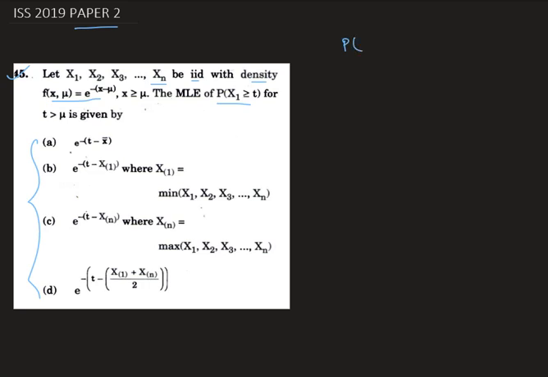So first we write the probability of X1 greater than or equal to t.